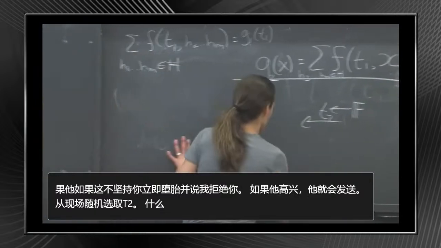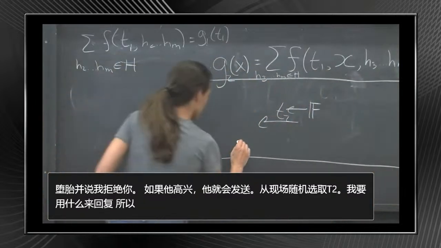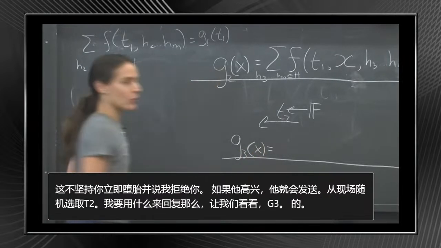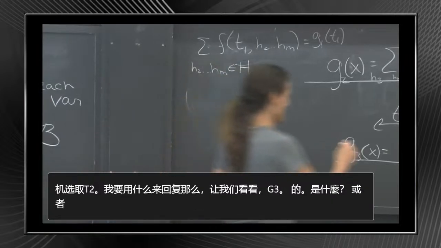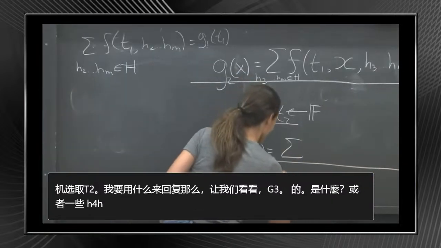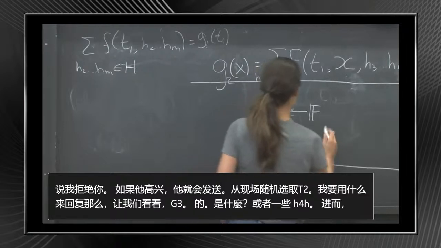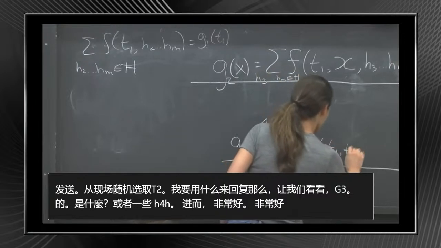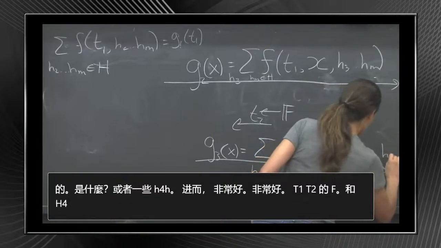What am I going to reply with? What should the prover reply with? Let's see, G3 of X is what? The sum over H4 up to HN of F of T1, T2, X, and H4 up to HN.